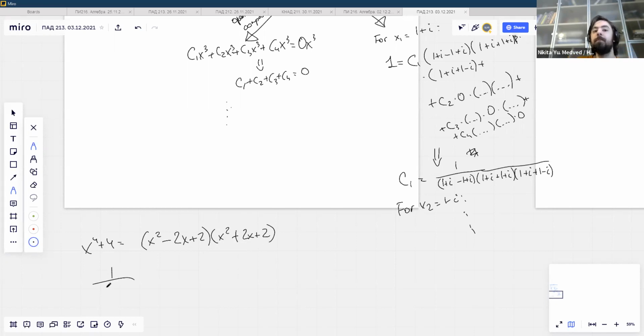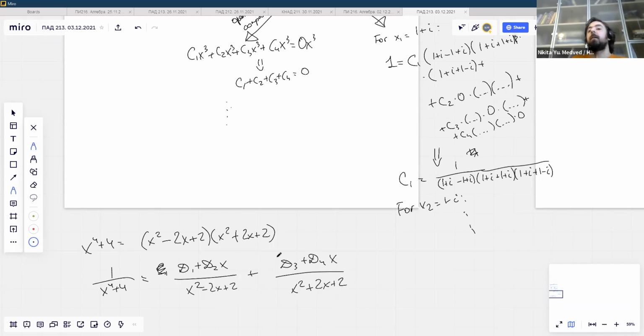And thus, it is also possible to rewrite it as, maybe let me name that not c, because they are not equal to those numbers, but d1 + d2x over this plus d3 + d4x over this, where these are real numbers.